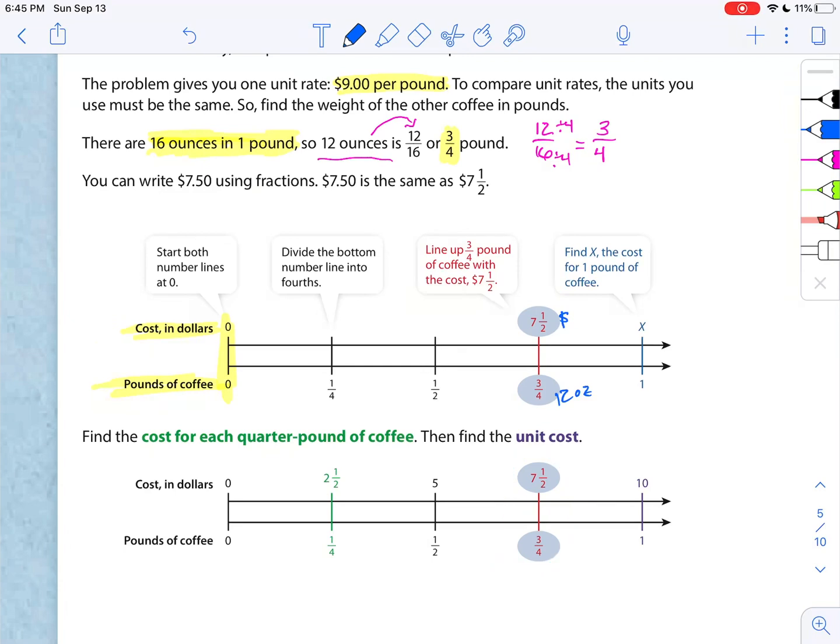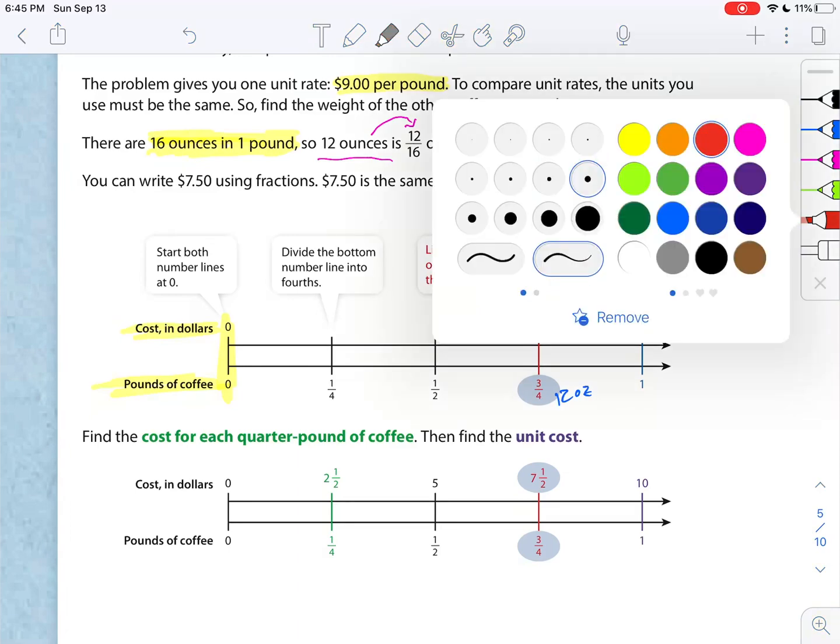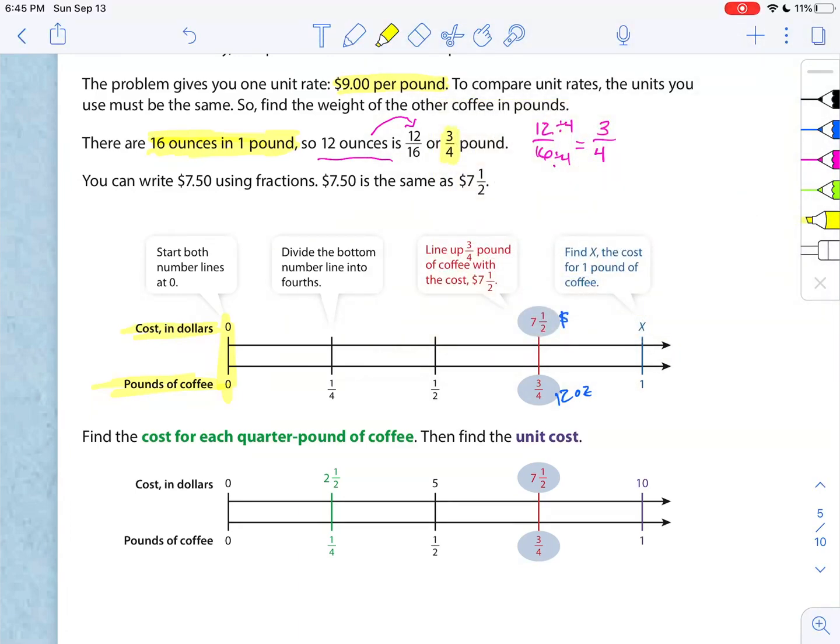But what we're going to do now is fill in those numbers to complete our number line. Let's look at the pounds. It starts at 0. We have 3/4, and then we can divide the rest of that number line by fourths. So 1/4, 1/2, 3/4, a whole.